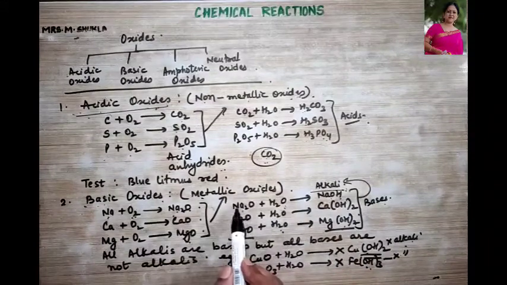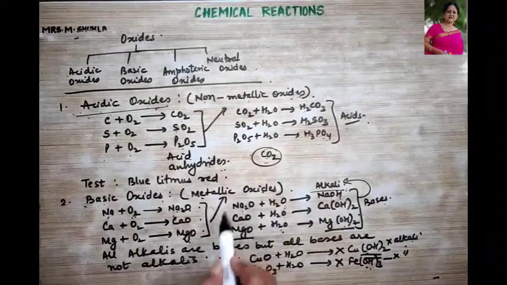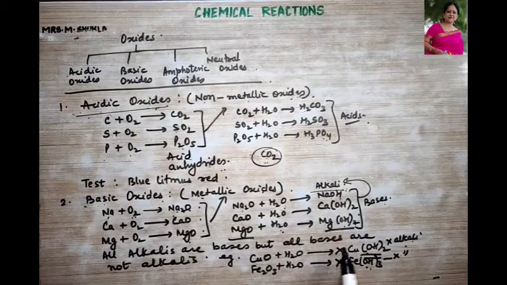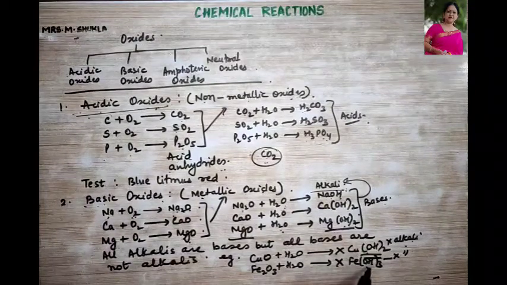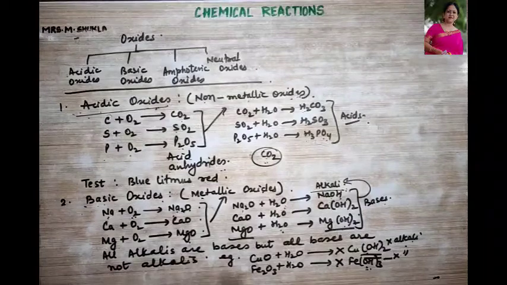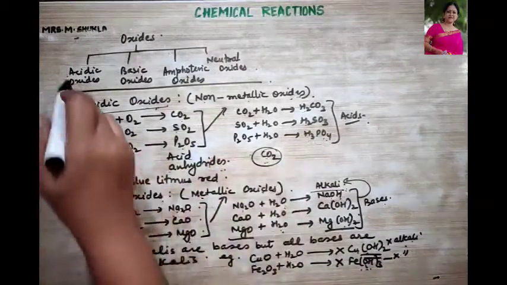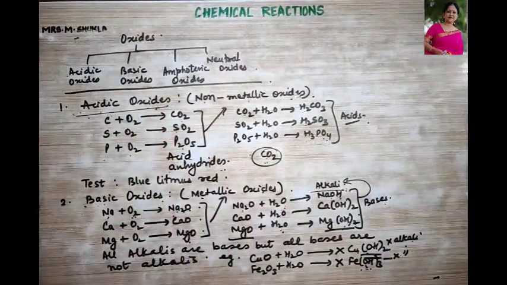Here you can give some examples like Na2O, CaO. They are bases. They dissolve in water. They give us alkalis. But all bases, for example CuO, Fe2O3, do not dissolve in water to give us those hydroxides. Therefore they are not alkalis. Yes, they are basic in nature, but they are not alkalis. I hope these two oxides are very clear to you.